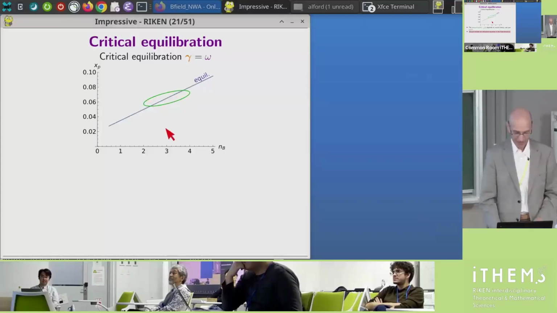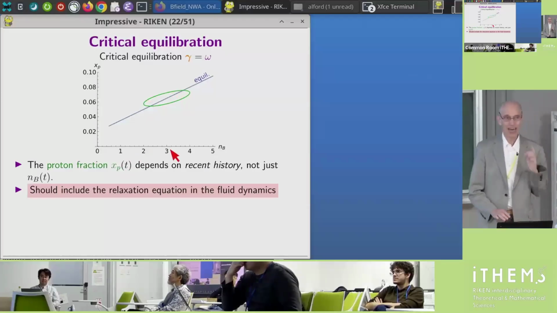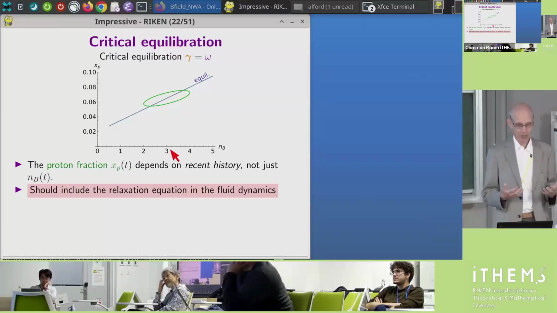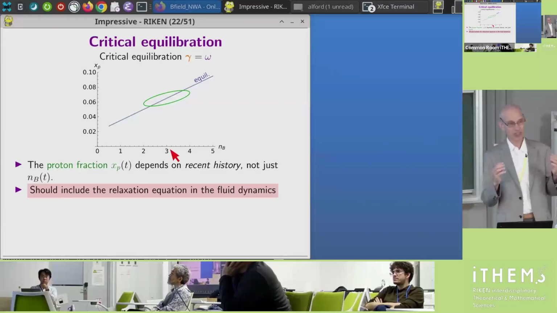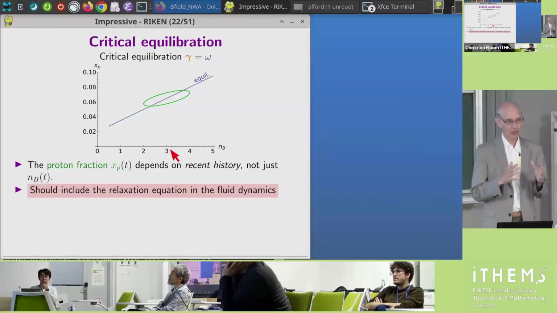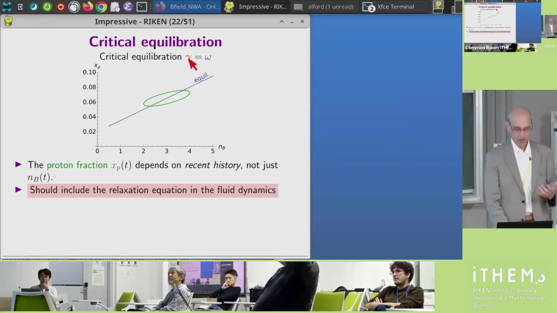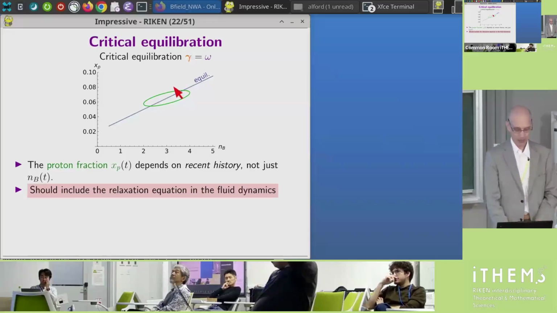And the critical point here is that if I tell you the density of a fluid element, you cannot tell me the proton fraction right away, because it depends on the recent history of the fluid element. Was it recently compressed and it's now being uncompressed? Was it recently uncompressed and it's now being compressed? The thing has a little bit of memory, because the relaxation of the proton fraction is happening on the same time scale as the applied density oscillation.